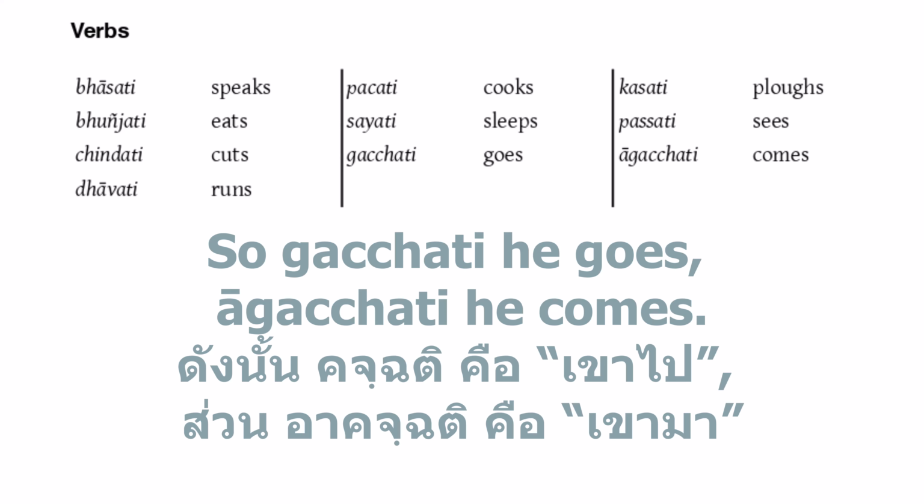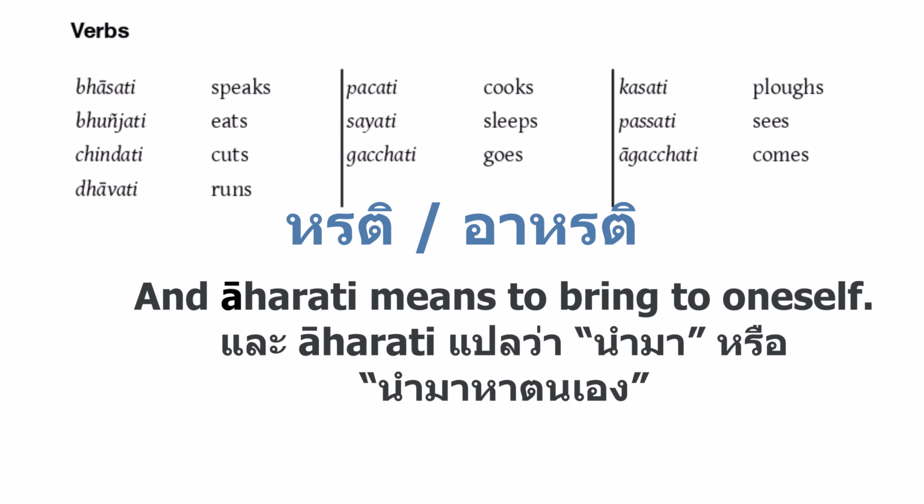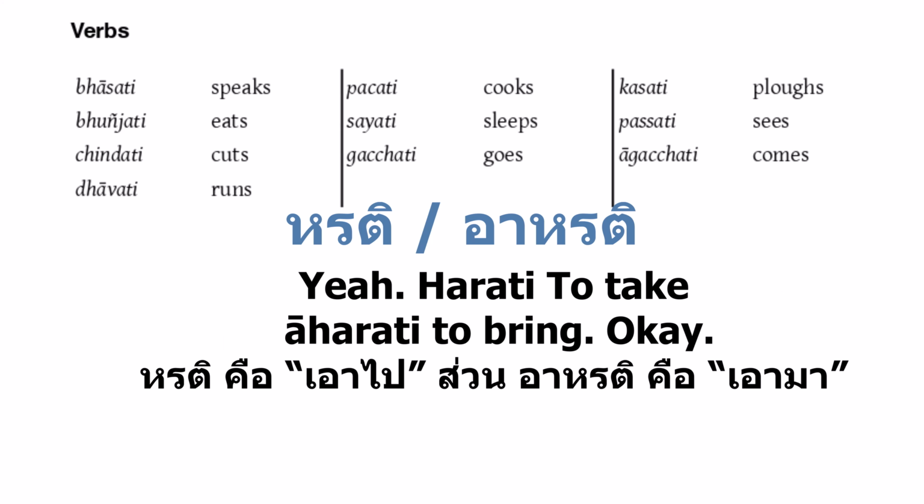So gachati, he goes, agachati, he comes. Similarly, there's a verb harati, which means to take away, and aharati, which means to bring to oneself. Harati to take, aharati to bring.